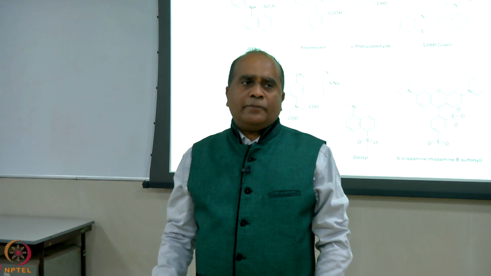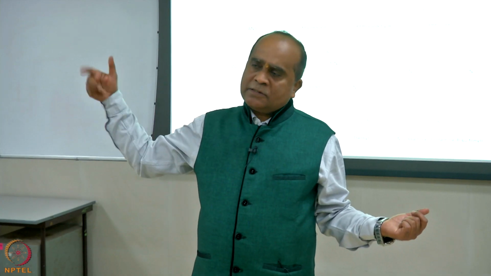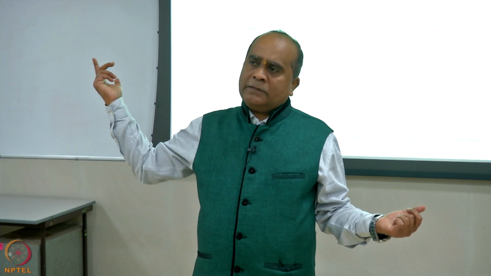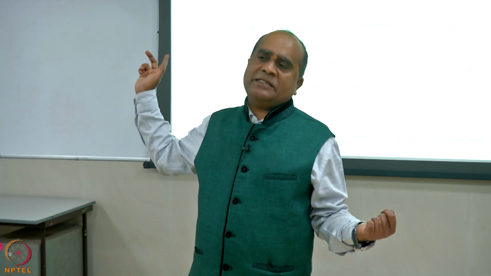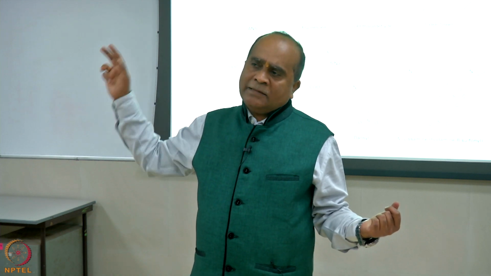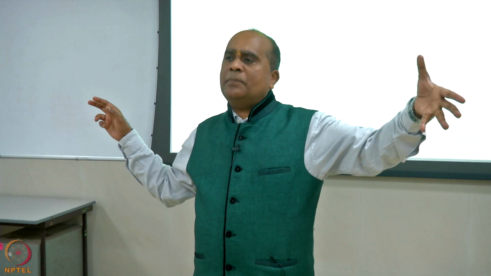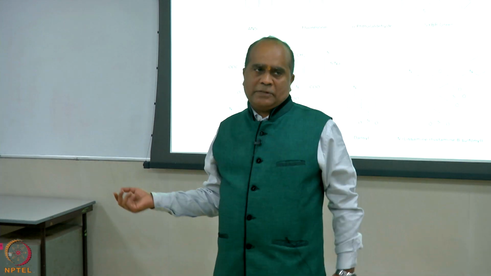So, this extrinsic fluorophore can be attached to an amino acid, and then whenever some conformational change happens, they can talk to each other. We will discuss this in detail, but that is the way you can do it. Some SYBR Green or FITC or dansyl are these kinds of fluorophores that can be attached to a protein to understand what kind of conformational change happens.